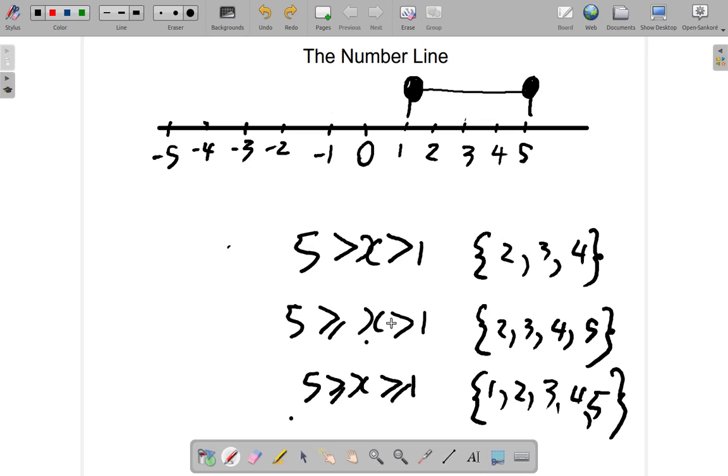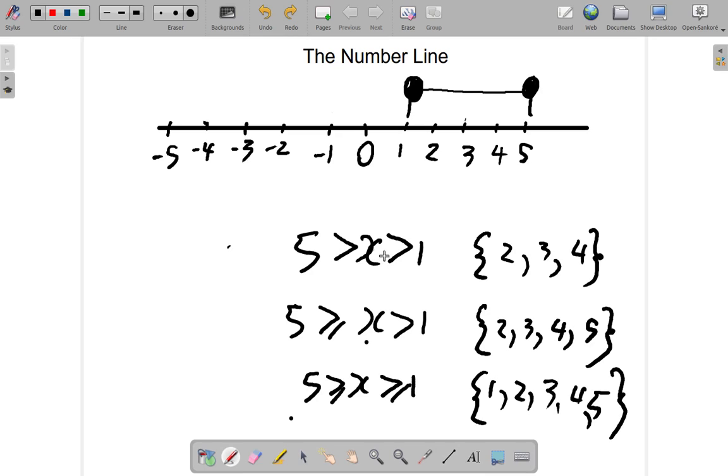Remember, these are called inequalities. They're not equal. In this case, they're less than or equal to, but there is some inequality there on the number line. Alright? When it's less than or greater than, you show an open circle, and you don't include that number. When it's less than or equal to or greater than or equal to, then you shade the circle.